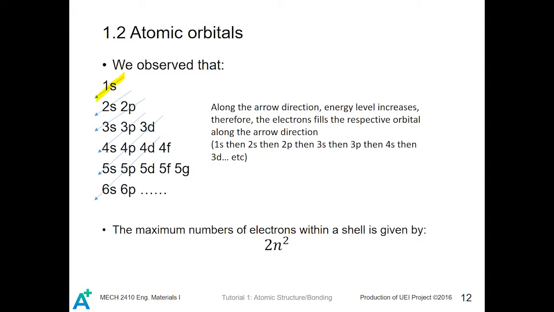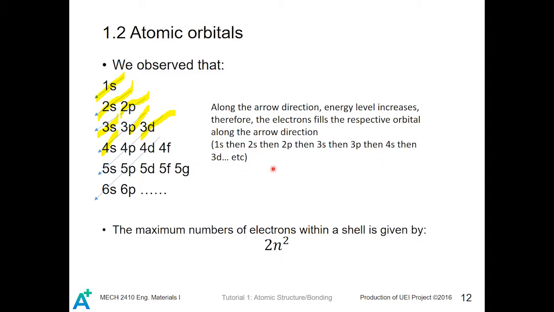The first arrow you will draw like this, starting from the topmost one, and then 2s. Draw it from right to left, and then 2p, and then 3s, and then 3p, and then 4s, and then 3d, and so on. That's how you determine the orbitals from the lowest energy, and yes, we get the same results.